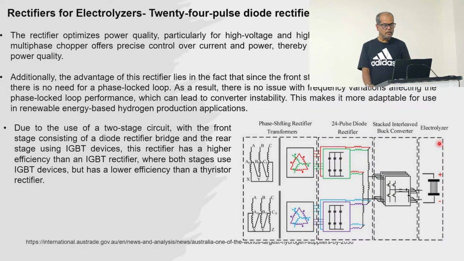This one also optimizes power quality, mainly providing high power, high current applications, because as we talked about many times, this converter has very precise control over voltage and power. So that's why it is going to produce a good control input voltage to the electrolyzer.